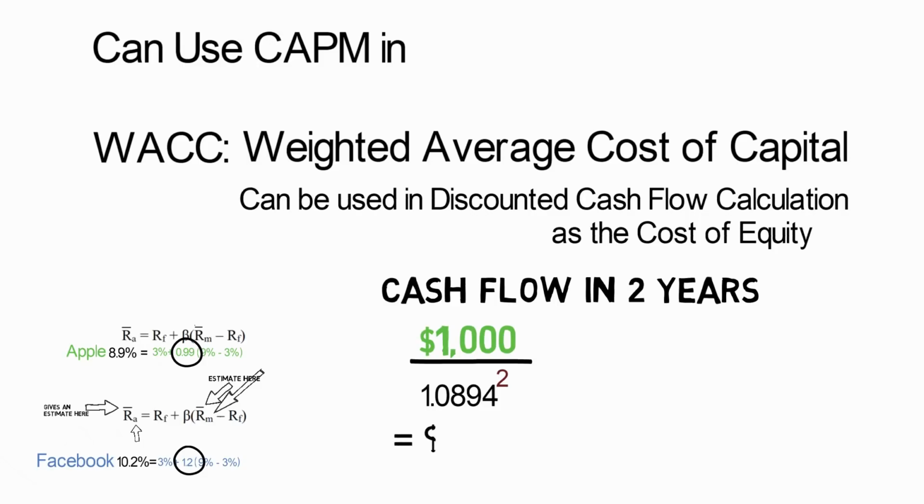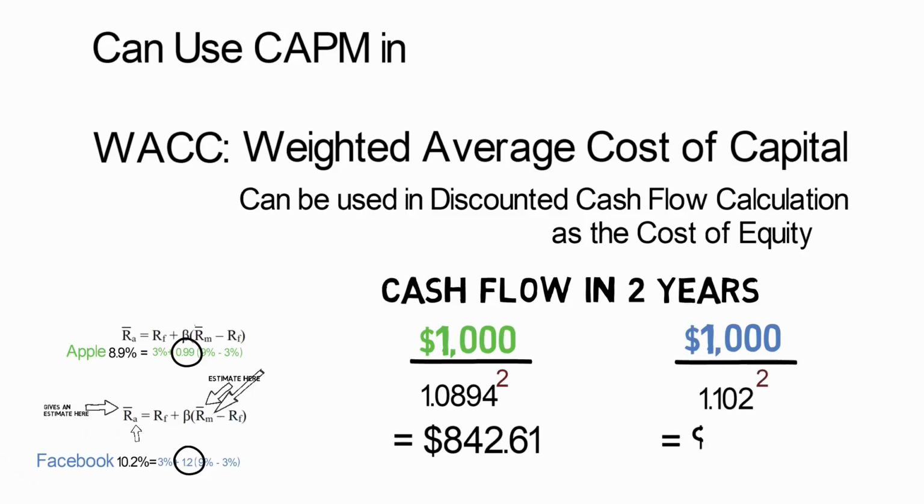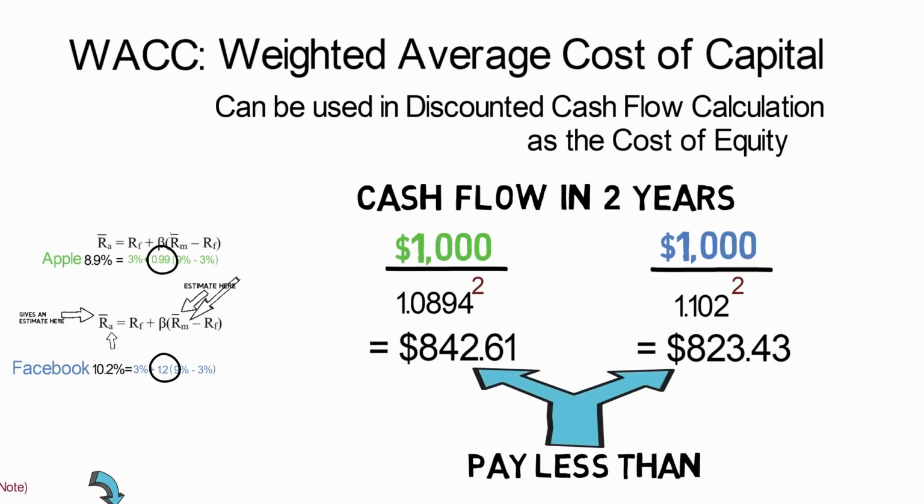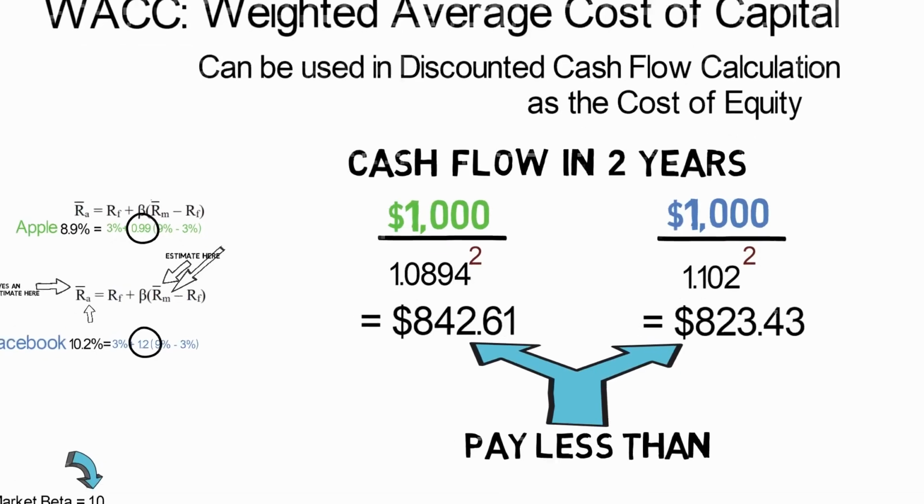And we can see that that $1,000 in 2 years is worth $842.61 today. For Facebook, if we were also expecting $1,000 in 2 years, that would be worth $823.43 today. So in theory, that's the present value of your future cash flow expectations. So what you want to do is pay less than that today. And if your expectations are correct, well, the bigger the gap between what you pay today and your calculated present value, the bigger your returns will be.